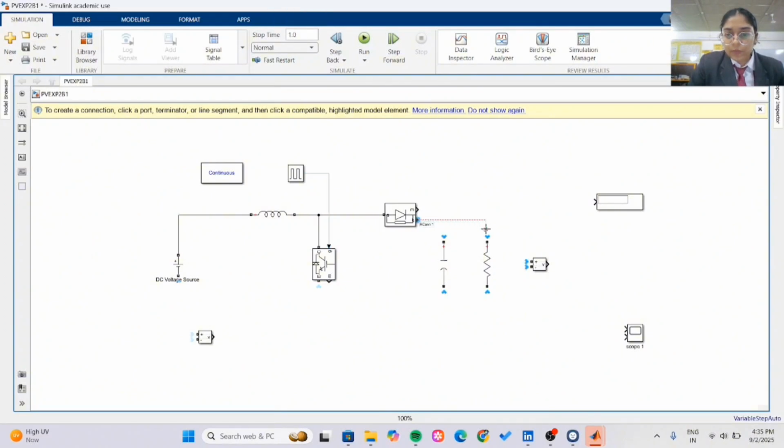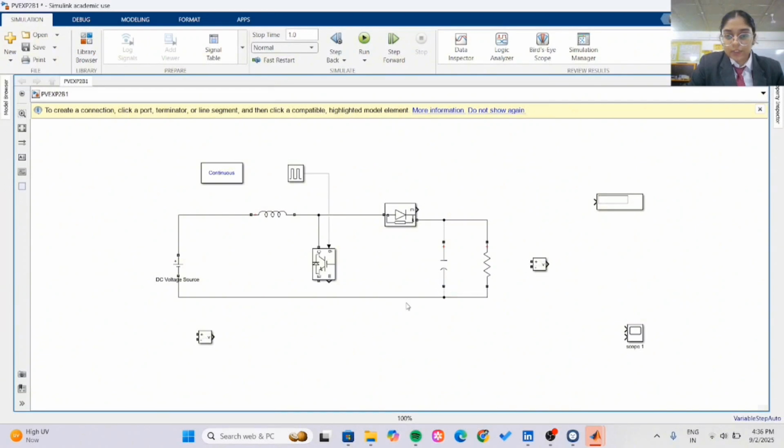So first and foremost, we will connect our resistance, then afterwards capacitance. After connecting them, we will interconnect the DC voltage source and all of the sources so that we will get the output. Okay, so now we will connect our capacitor over here.